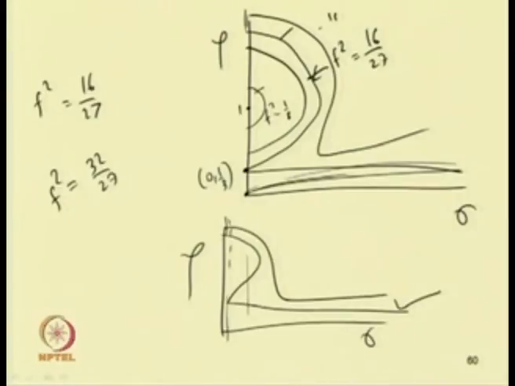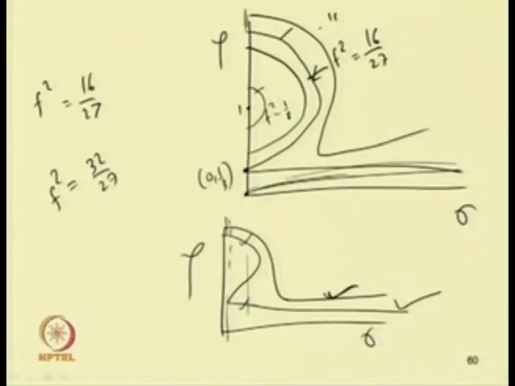When we have a single branch, that is stable. When we have three branches, the upper and lower are stable and the middle one is unstable. Similarly, the right hand side branch is also unstable.